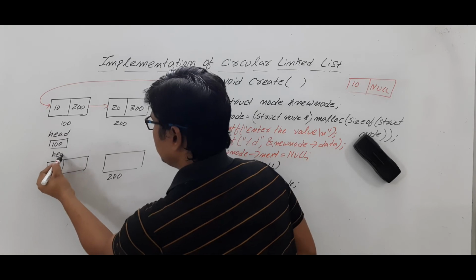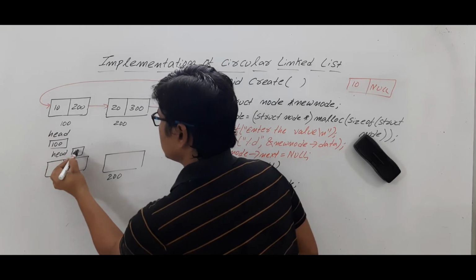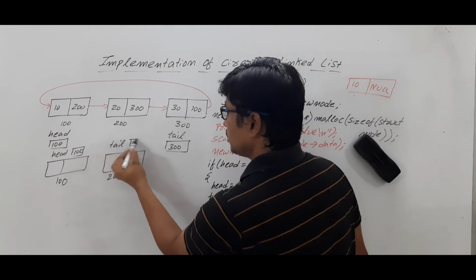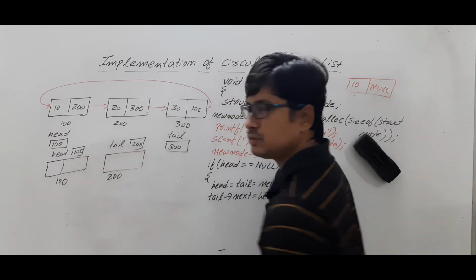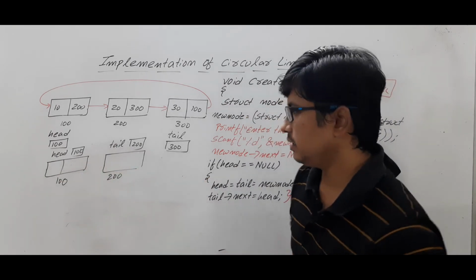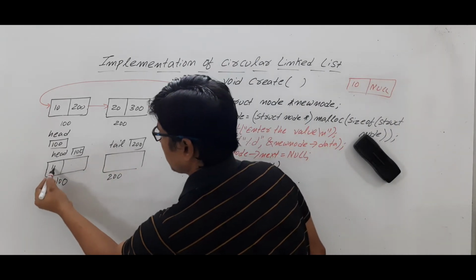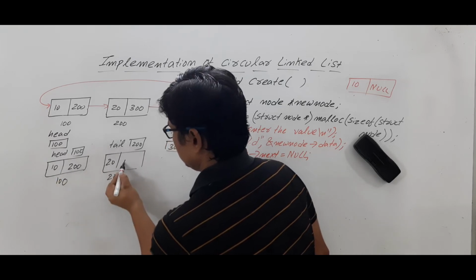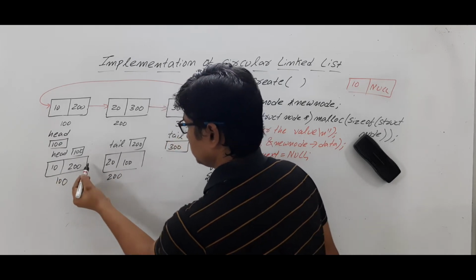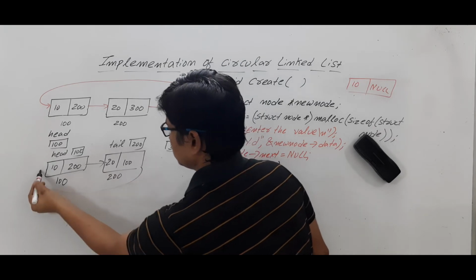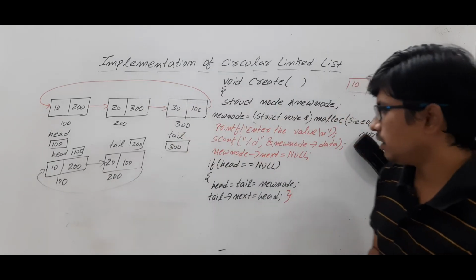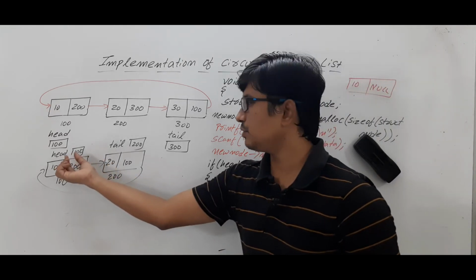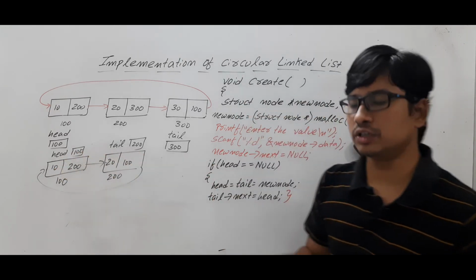You will have head, which has the address 100, and tail will have the address 200. These are values which are nothing but the address of some node. Are you able to understand? Now else means head is not equal to null. Yes, head has the value 100, which is not equal to null.